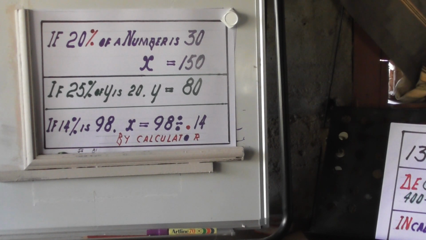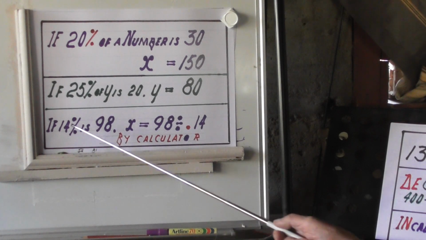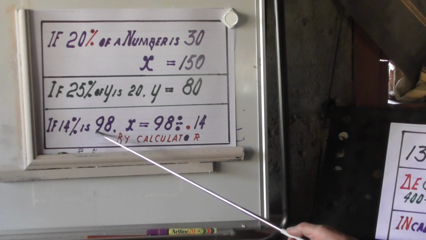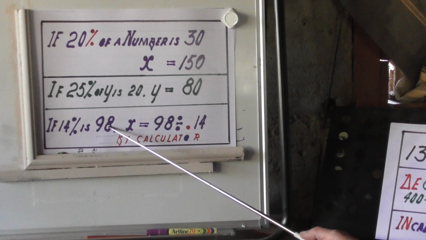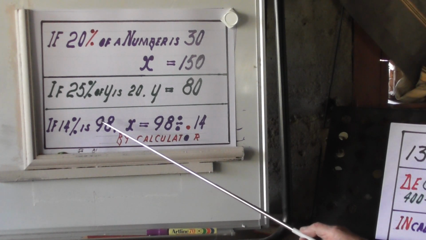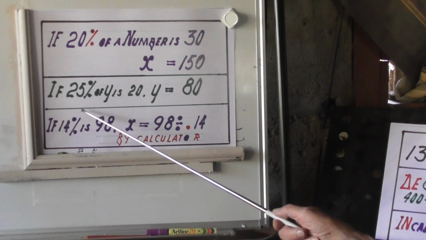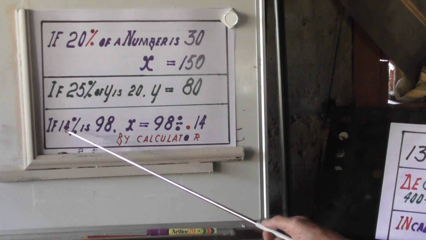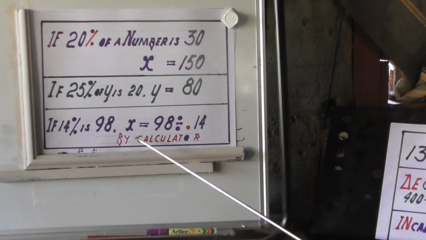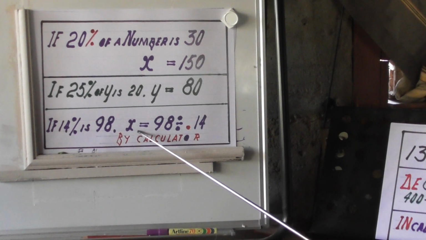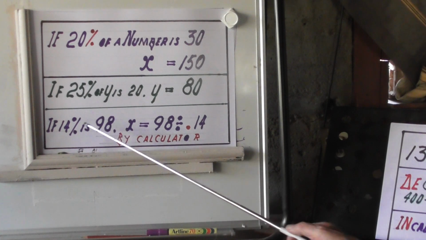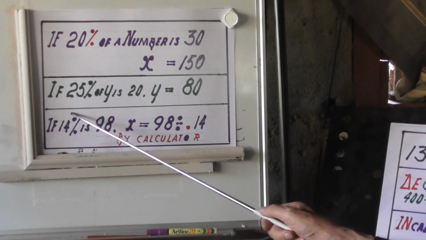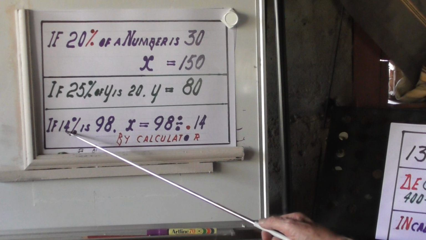In general, if 14% of x is 98, x is 98 divided by, remember we don't work in percentages, we do 2 places back.